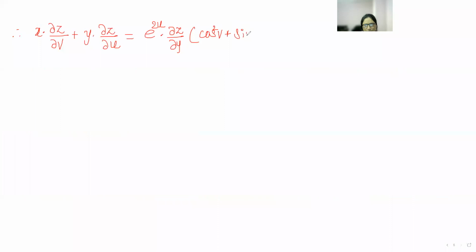Therefore, x ∂z/∂v plus y ∂z/∂u is equal to e^2u ∂z/∂y.